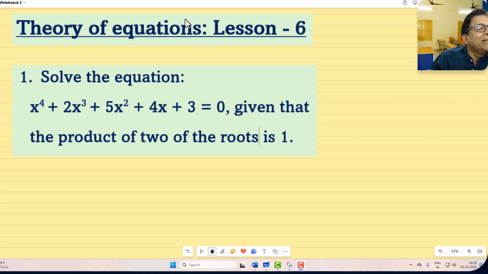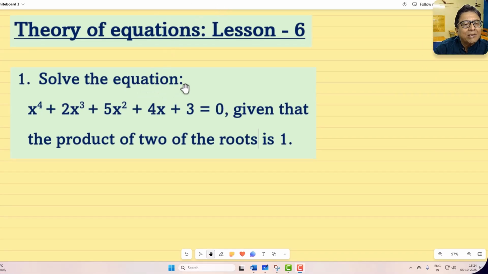Sometimes it will be given that the roots are in AP, solve the equation. Sometimes it will be given that two roots are related in such a way that their sum is equal to 0. So let us start solving those kinds of sums.